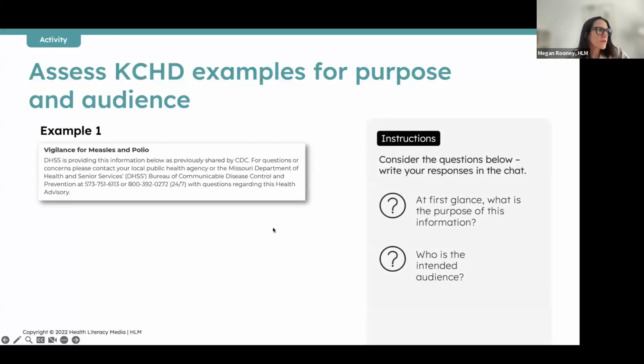So in the chat, feel free to let us know your thoughts. Here's an example, actually from the KCHD website. At first glance, what is the purpose and who is the intended audience? Or does it take you a couple minutes to figure that out? I'll let you read that.